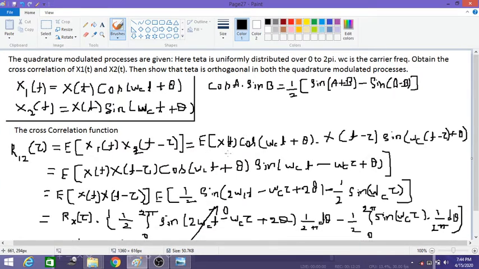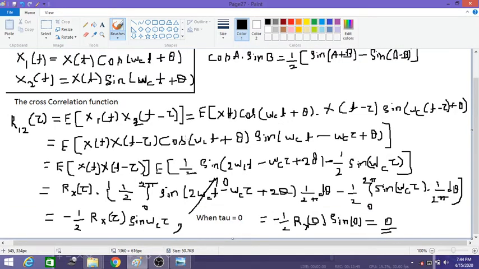Now if we apply the expectation operator and substitute the terms, x1 of t is x of t into cos of omega c t plus theta, and x2 of t minus tau is x of t minus tau into sine of omega c t minus tau plus theta. We have simplified this term, and since it is a sine term, we applied the sine a into cos b formula.